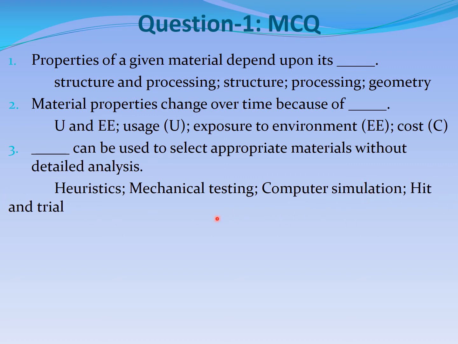But computer simulation is detailed analysis already. Heuristics is the word. Over the years, 20 years, 30 years, 50 years, people have compiled heuristics, which are practical guidelines for selection of materials. And there are books like Ashby's book, which give you charts for selection of materials based on heuristics. So this is the correct answer, though almost every answer looks to be correct.